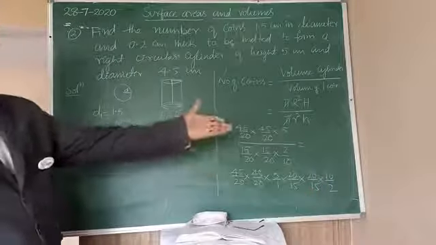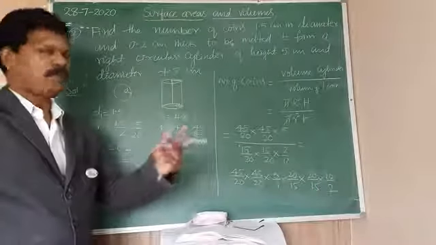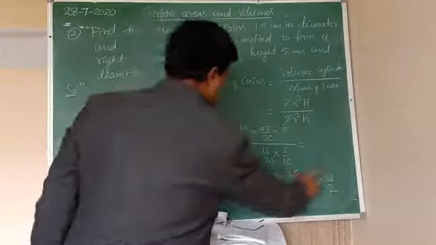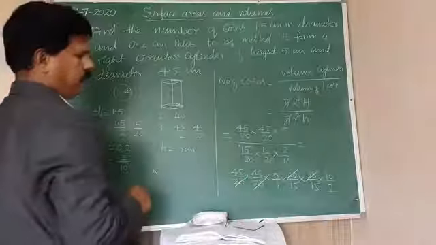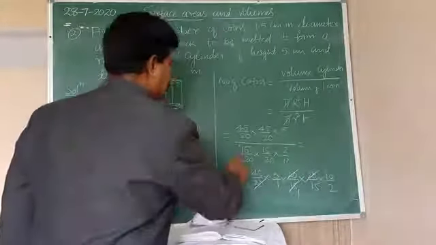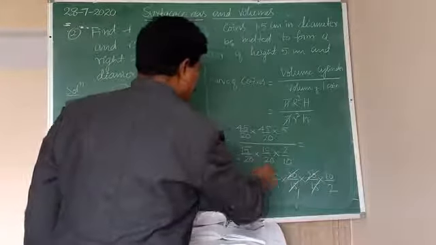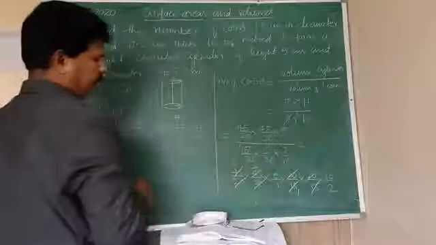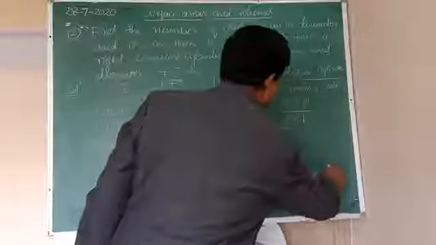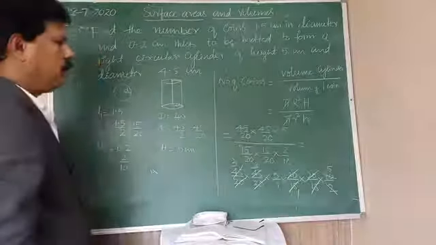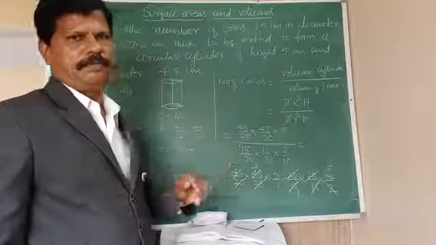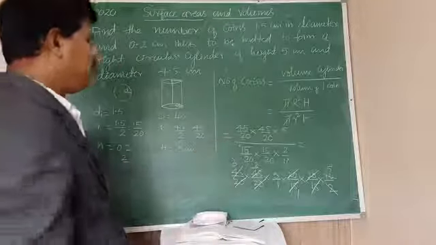Everything changed into its reciprocal. Now cancellation, 20 cancel, 20 cancel. Now 15 ones are 15, 15 threes are 45. Now left out is 3 into 3 into 5 into 5. That means 5 5s are 25.